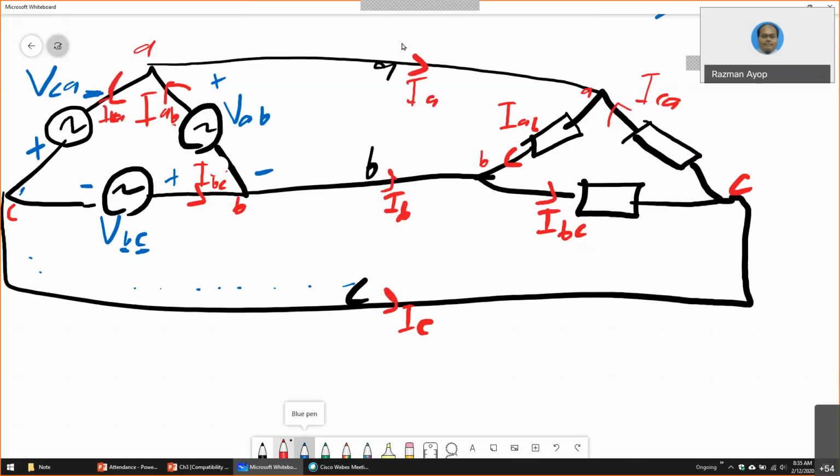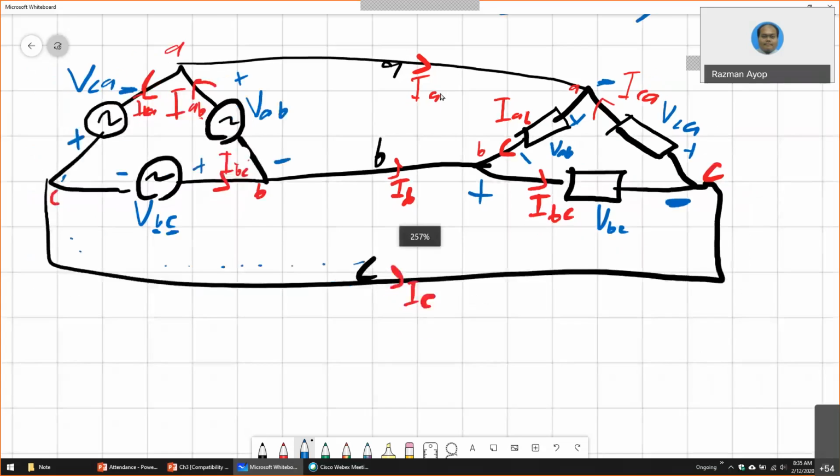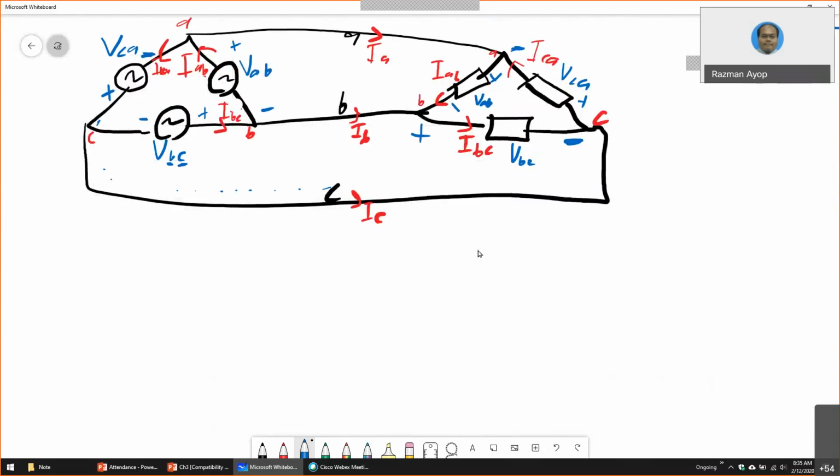And this one also follows: plus minus VAB, this one VBC, B is positive, this one is negative, and then VCA, C is positive and this one is negative. So you have to label properly. Let's say this question asks the supply.